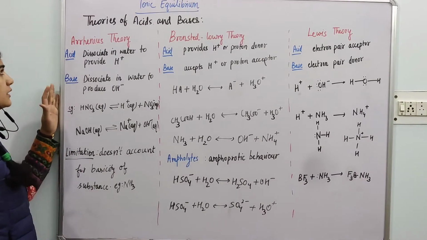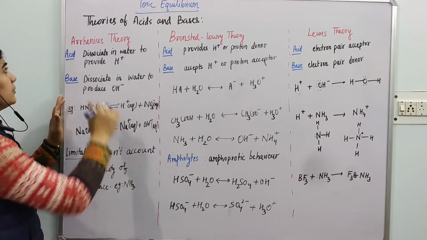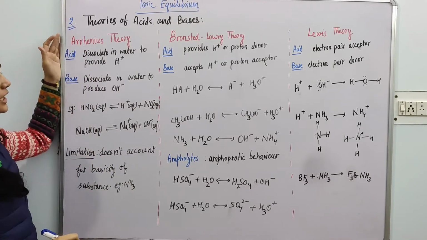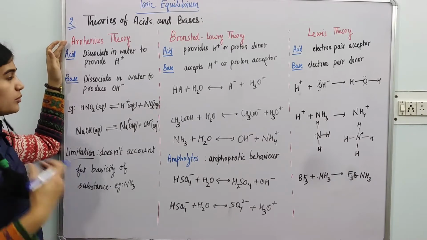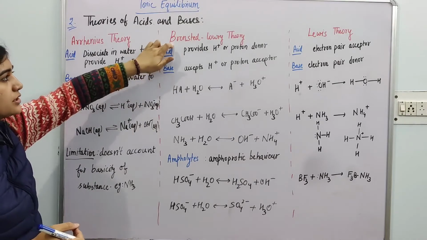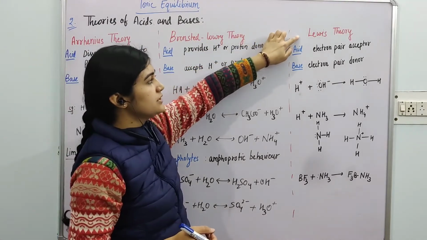The next topic that you have to study in ionic equilibrium is theories of acids and bases. There have been three theories proposed for acids and bases. First is Arrhenius theory, second Bronsted-Lowry theory, third Lewis theory.